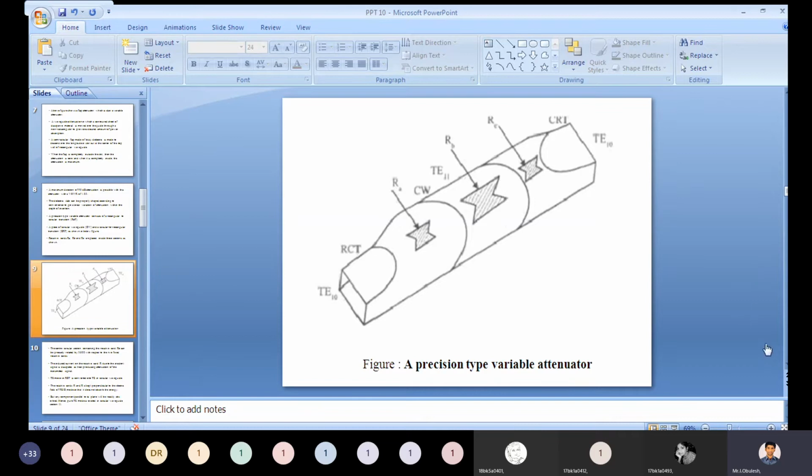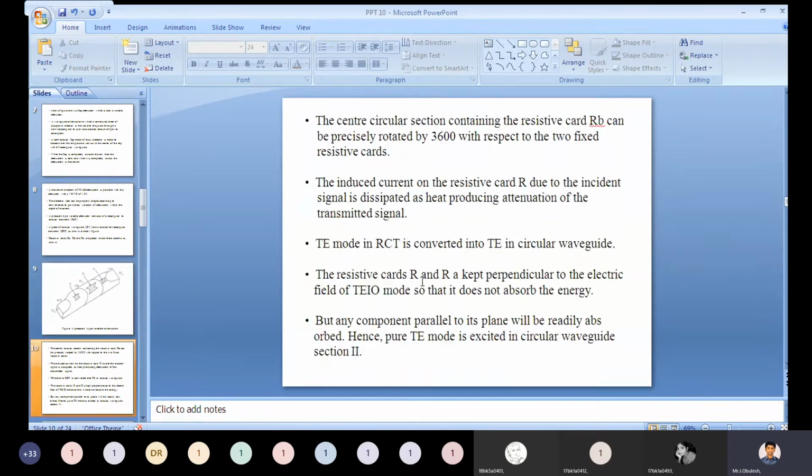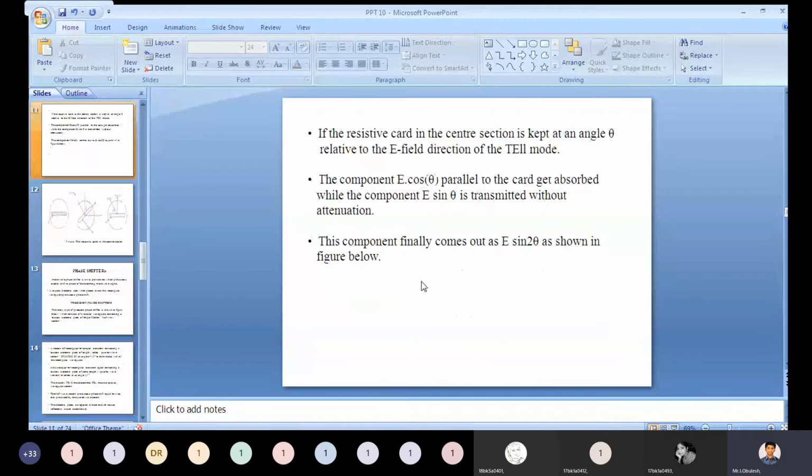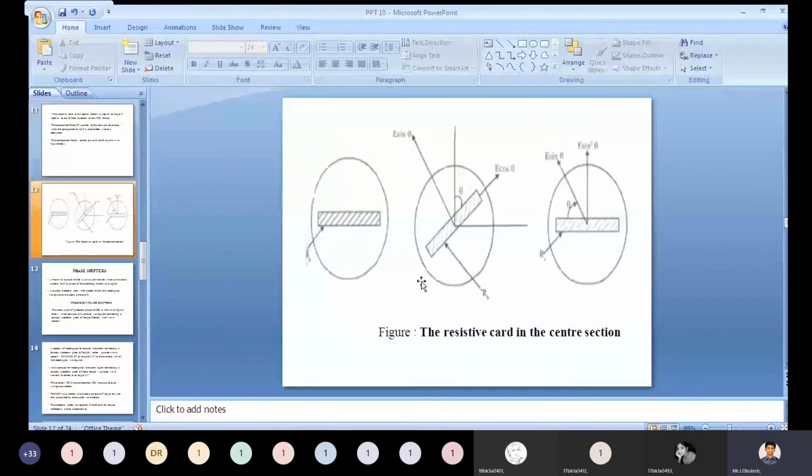E sin theta. Then see this resistive chord in the center section. How do we represent E cos theta and E sin theta, and how does this component finally come out as E sin 2 theta?